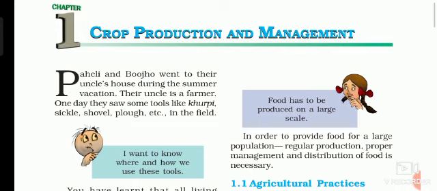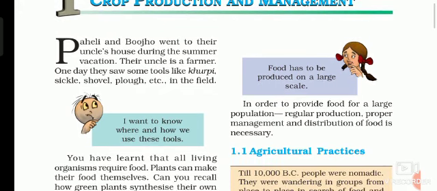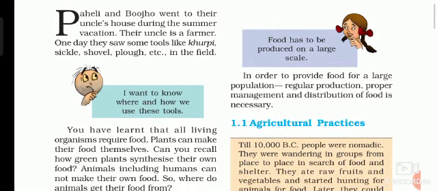One day they saw some tools like khurpi, sickle, shovel, plow, etc. in the field. Bujho wants to know where and how to use these tools. You know, khurpi, sickle and shovel, how are these used?